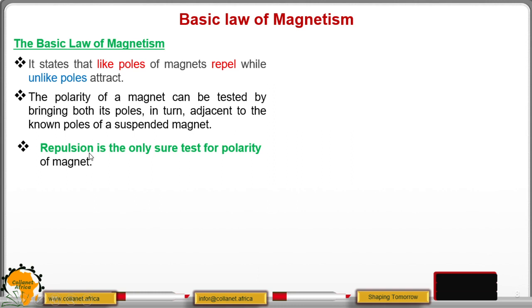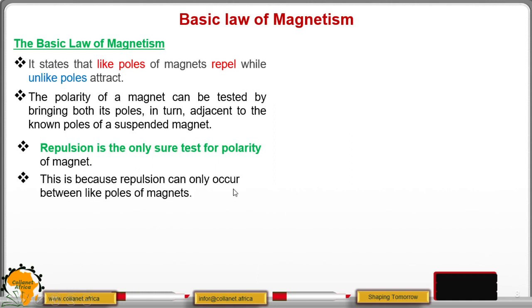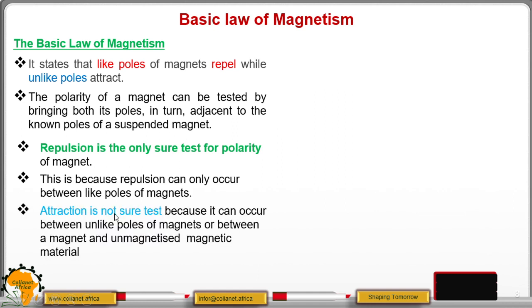Now when you see the repulsion, we say that repulsion is the only sure test for polarity of a magnet, because repulsion will only occur between like poles. But when we take attraction, we have seen that a magnet will attract a magnetic material, and also it will attract an unlike pole.